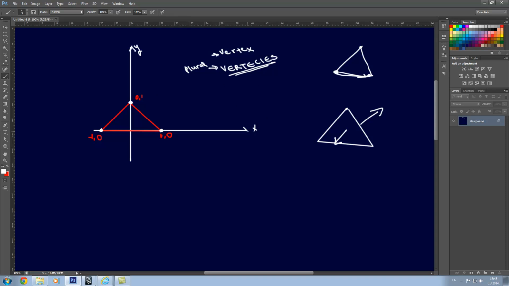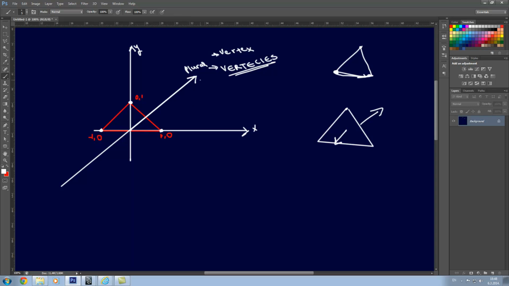If this is our 2D axis, and you would like to add a third one, sorry about that, you have to add a line perpendicular to these two axes.